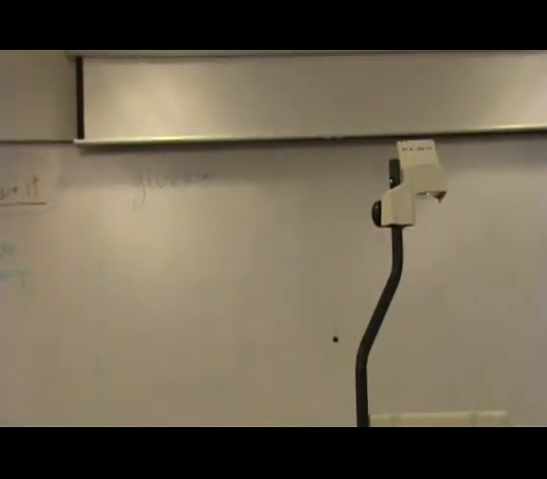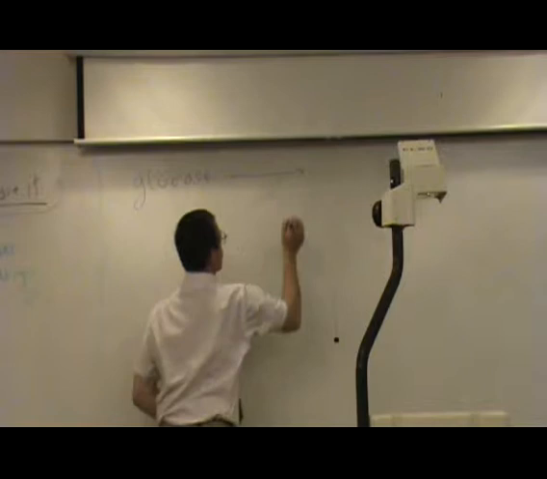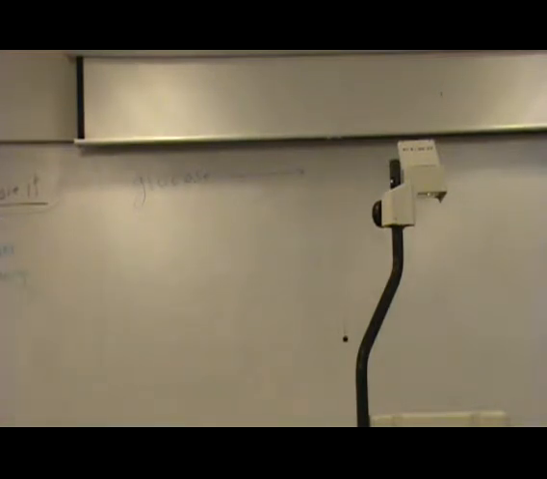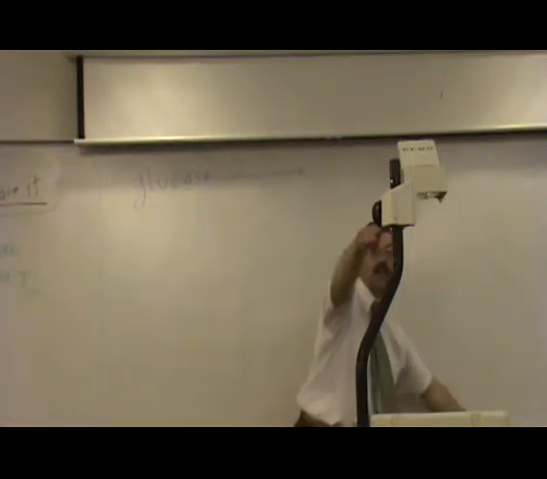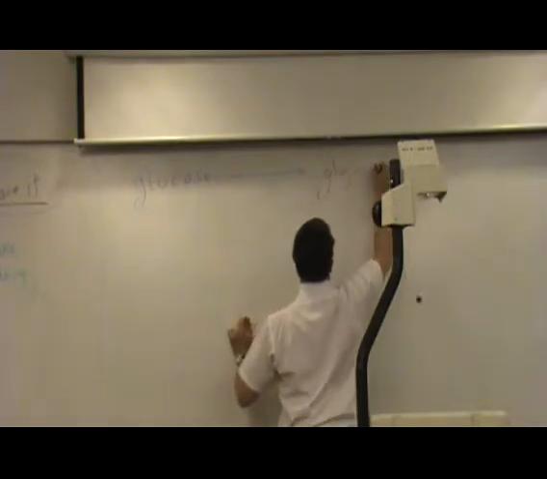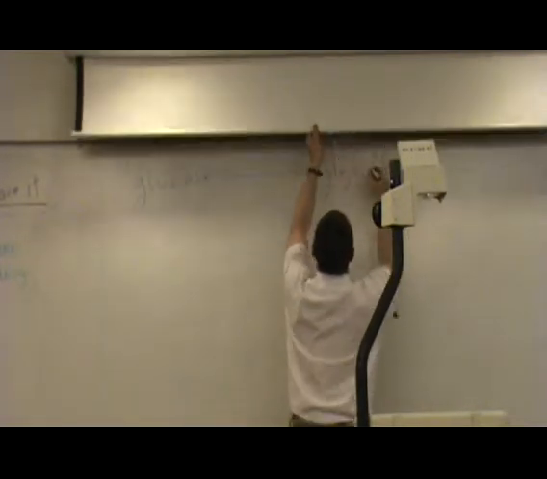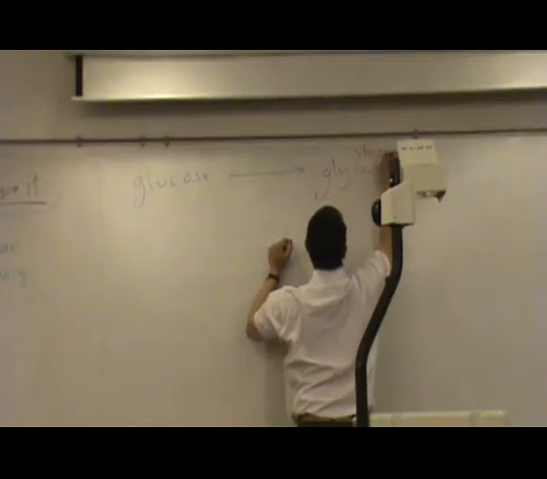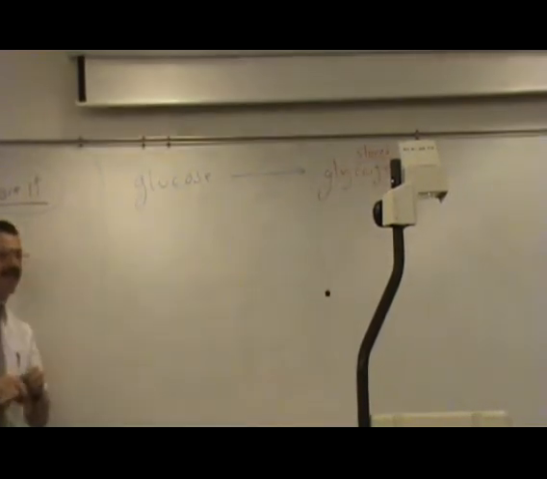Poof, here it is. I'm absorbing a Snickers bar. Let's say I want to store my Snickers bar. How do I store a Snickers? Break it down first. I break it down into glucose and then store it as what? Glycogen. So I'm going to make it as glycogen.